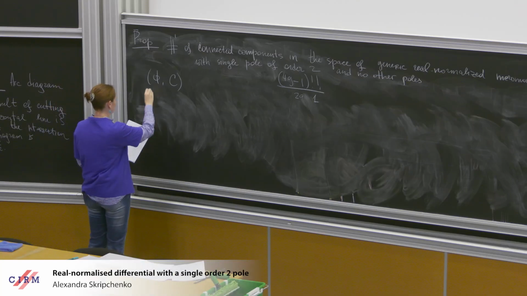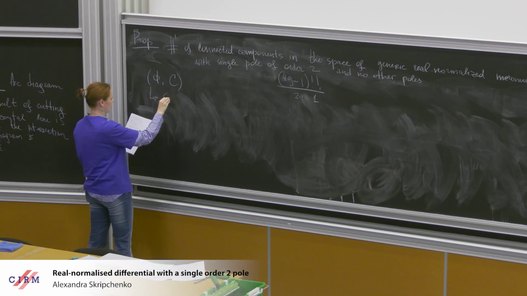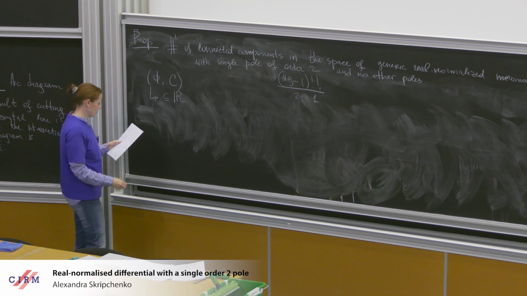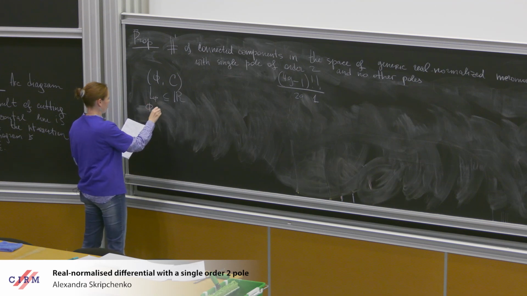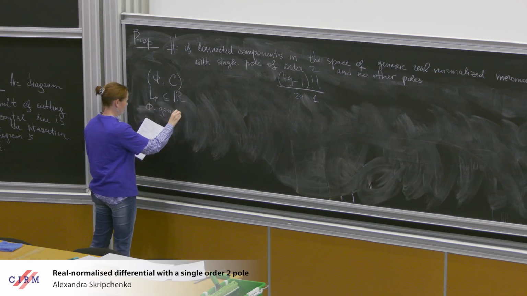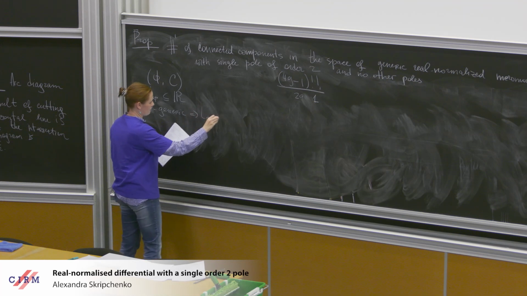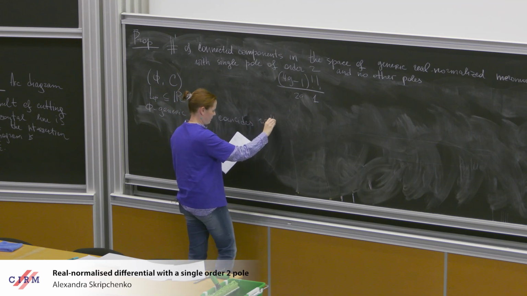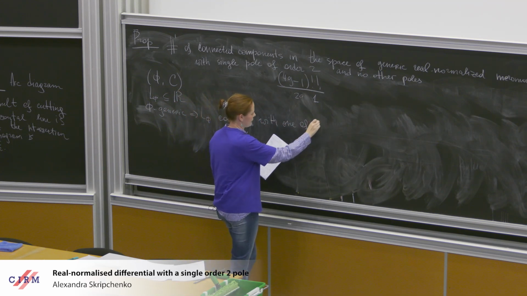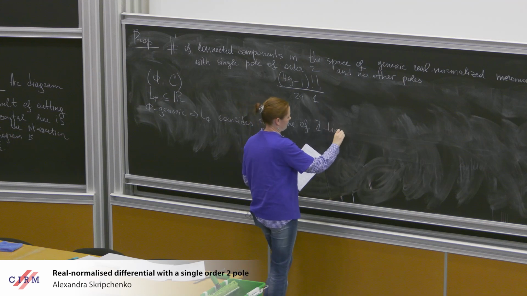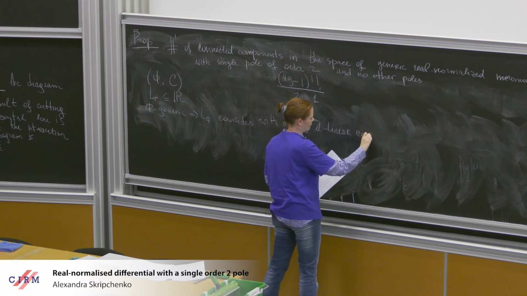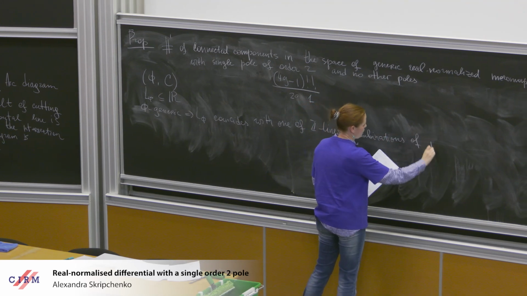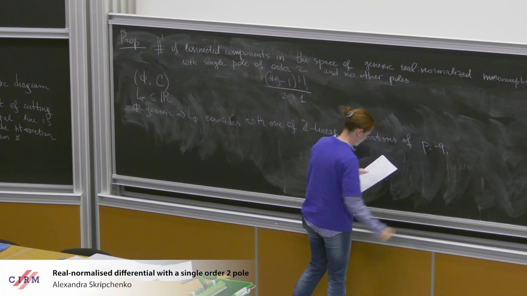And we consider the additive subgroup of R consisting of periods of our differential. And if it's generic, then it means that L_phi coincides with the Z linear combinations of p_i minus q_i.